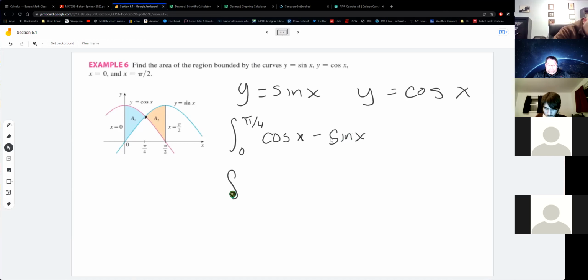And then from pi over 4 to pi over 2, the sine of x is on top, so I'll do sine of x minus cosine of x. Once we find each piece, we're just going to add the two answers together.